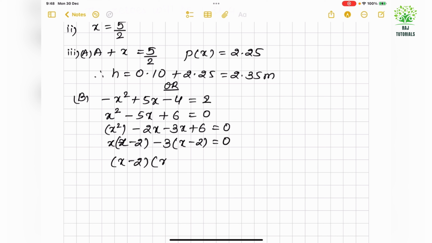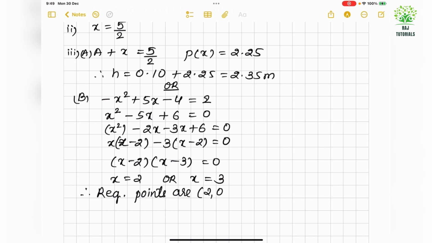So x minus 2 and the other one is x minus 3 equal to 0. So either x will be 2 or x will be 3. Therefore, the required points are (2, 0) and (3, 0).